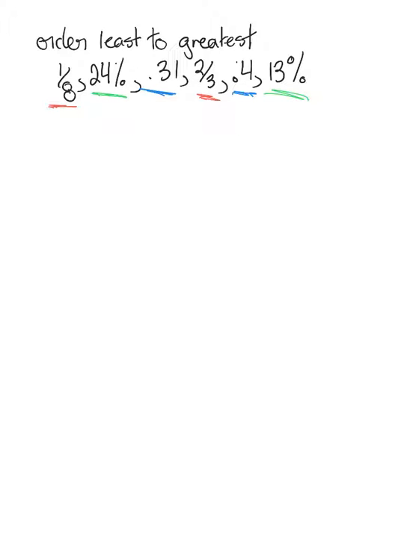And you'll see why. If we leave the 1/8 as a fraction, we can turn the 24% into 24 over 100. And we could turn the 0.31 into 31 over 100. So changing percents and decimals into fractions is very easy because most of the time you're going to be turning them into something over 100 and not reducing it.